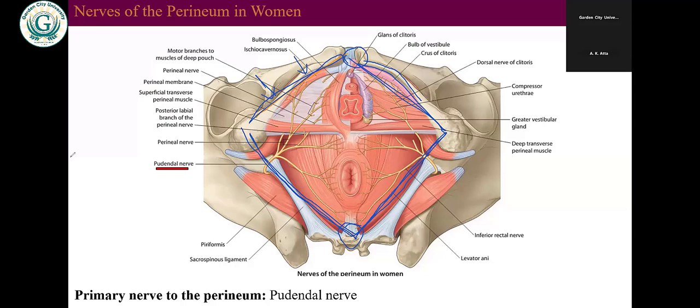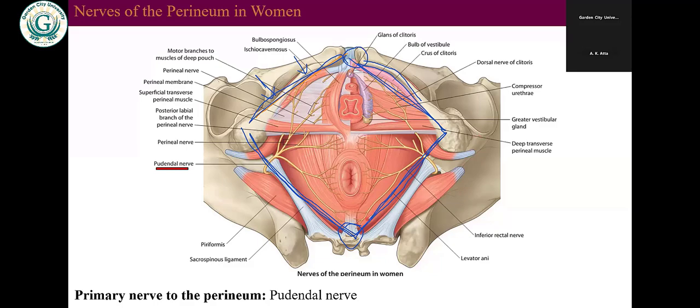When you put the two together, it becomes the ischiopubic rami. Then laterally, we have the ischial tuberosities.